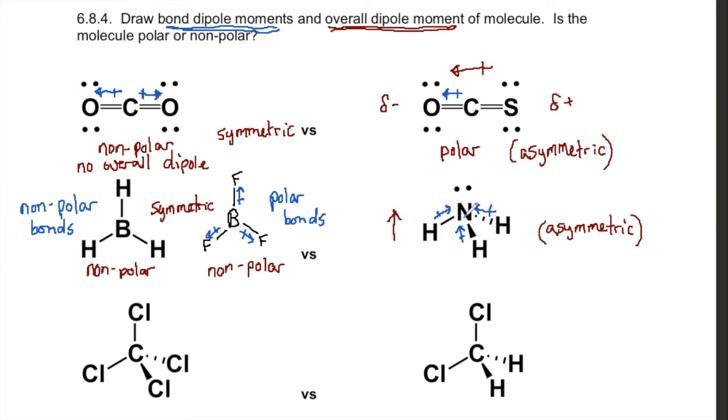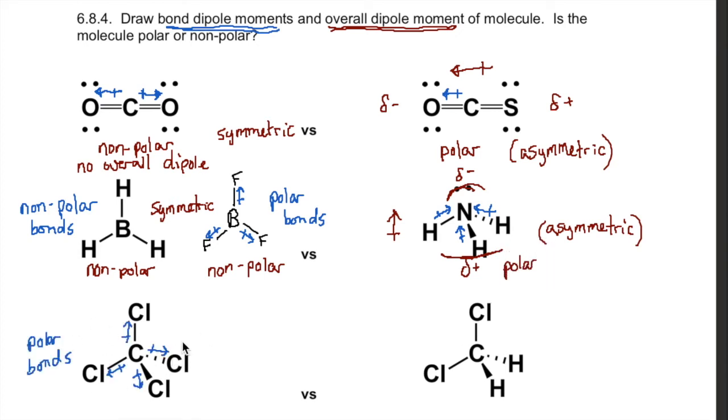Each of these hydrogen-nitrogen bonds is pulling the electrons a little bit up. Like if you picture a table here, they're pulling it a little bit up away from the table. So overall, there's a dipole making this end of the molecule a little bit negative, this end of the molecule down here a little bit positive. So this is a polar molecule as well.